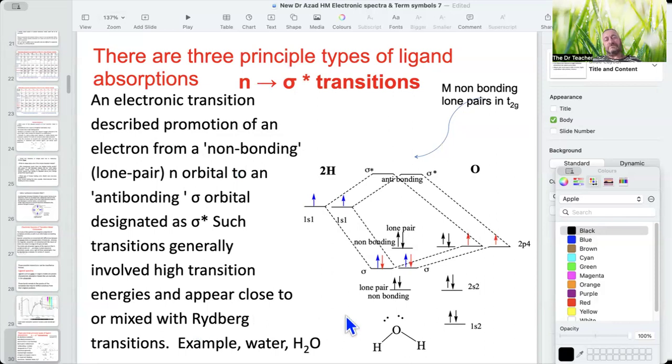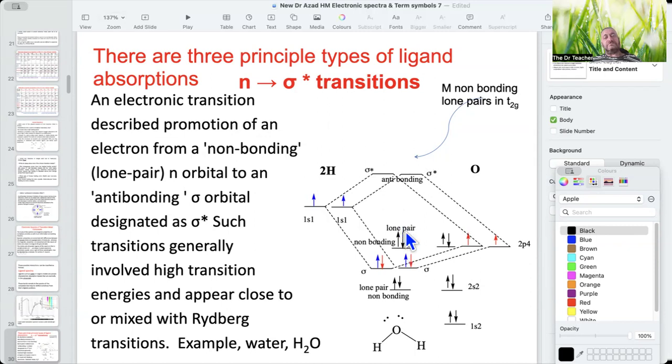the water example. So now, you remember I told you that we always have to draw the empty orbitals of any ligand or complex. Why? Because maybe any of these electrons can absorb energy and go to a higher energy level. To go to the higher level, it should be empty.